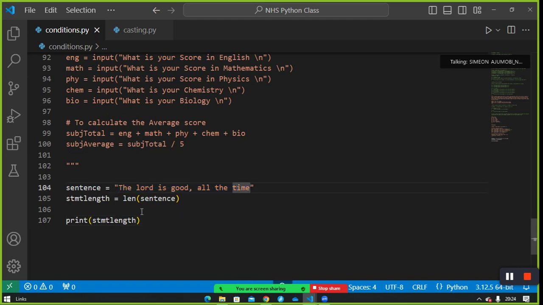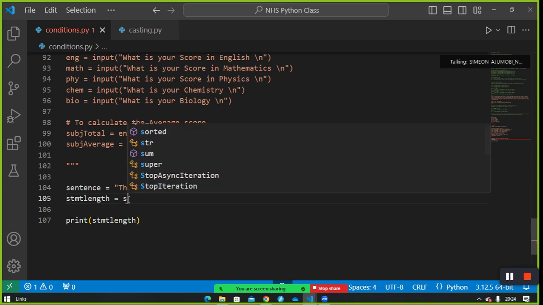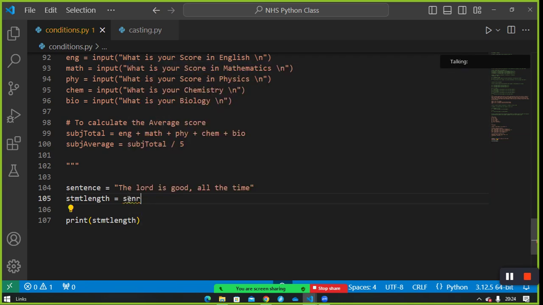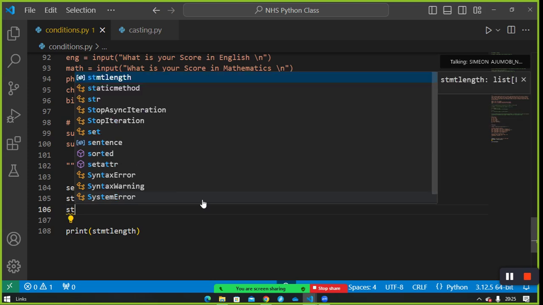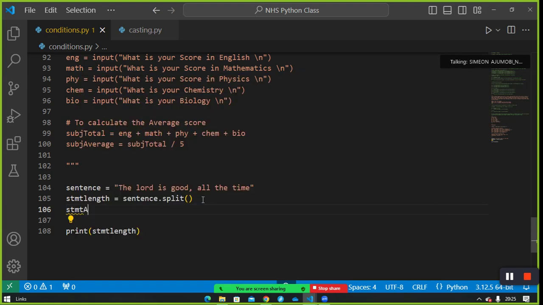So we have split. I can split this word. I can say sentence dot split function. Please hope you are learning new things. It's just coming in. What did I mean by splitting? Cut this into words. Word, word, word, word, word, word. Now count it for me. And I now ask for this length. I will now say statement amount, STMT amount.